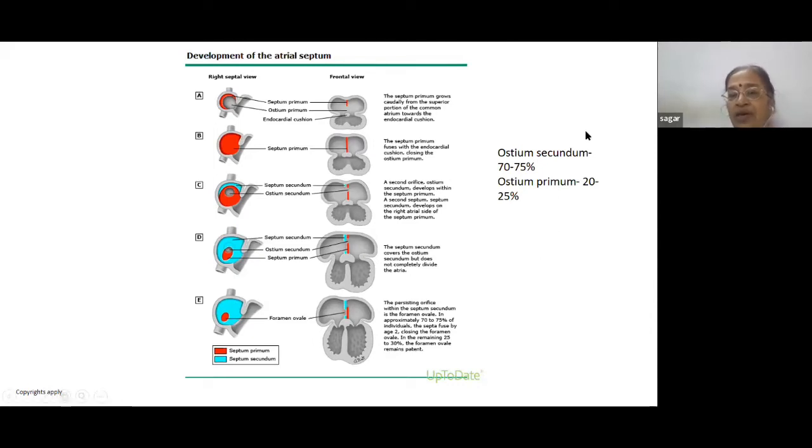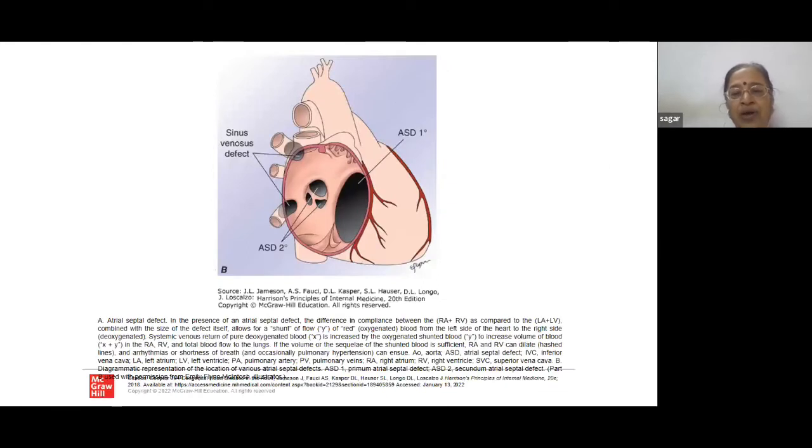Now, most atrial septal defects are from the ostium secundum. So that is what is common, secundum ASD, and the primum ASD constitutes a much smaller number of the ASDs that are present. Now, if you look at it from the atrial side, that is the primum ASD, that is the secundum ASD.